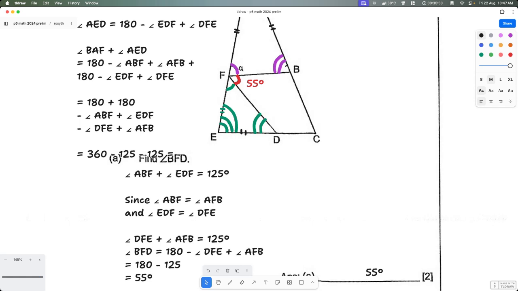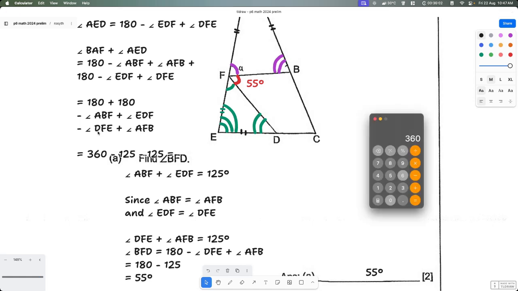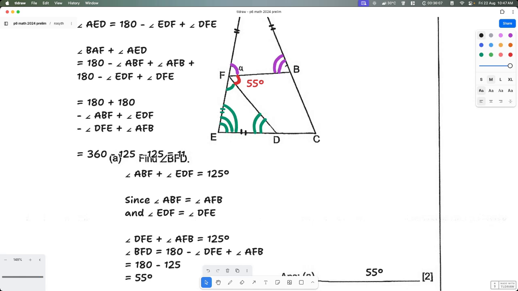Let's get the answer: 360 minus 125 minus 125 is equal to 110 degrees. There you go, that's the answer.